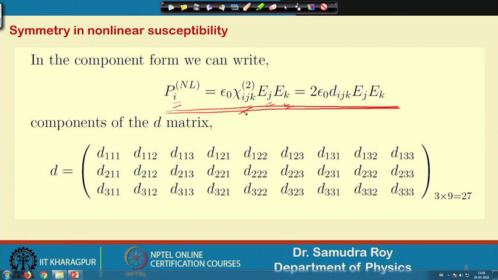Now, j k are the indices which are repeated here. So, we know that when these indices are repeated, eventually we have a summation sign here, where chi i j k is something. In this case not i j, it should be j k. Okay.